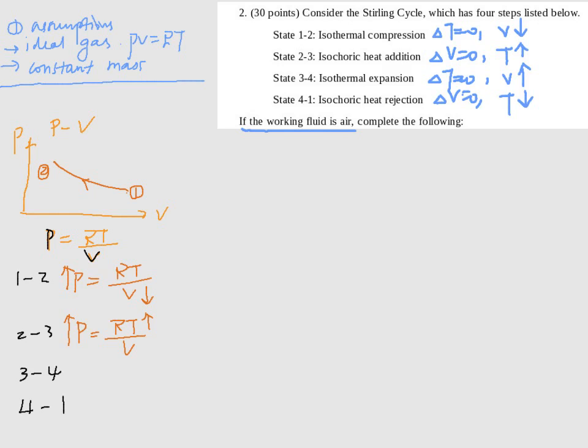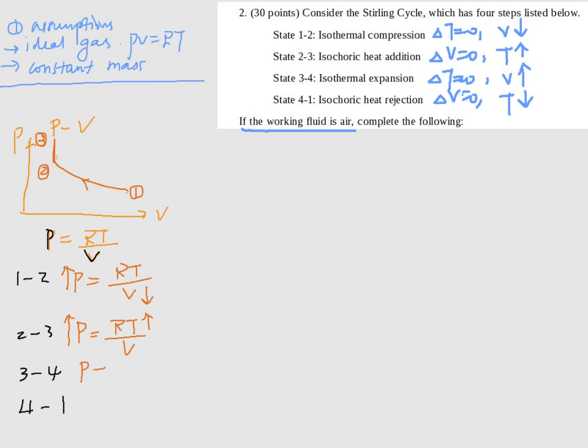Since V is constant, it's going to be a straight line, and since the pressure is going up, it's going to go up instead of going down. Okay, so we're going to have our 3 here. Right, V is constant, so that's a straight line, and P is increasing, so that's why we're going up.